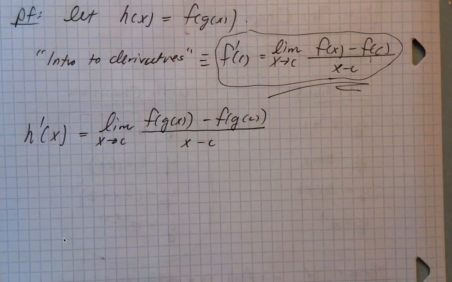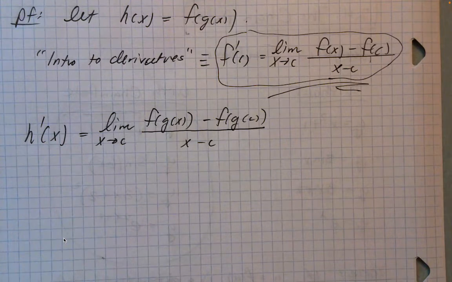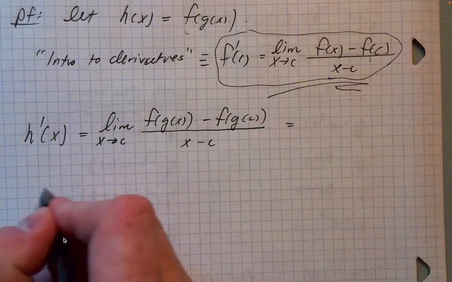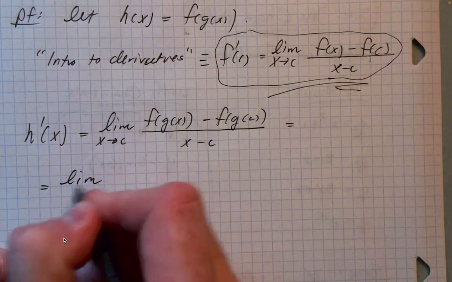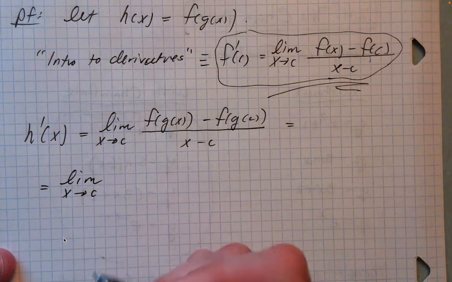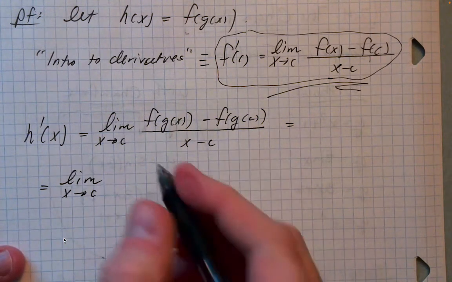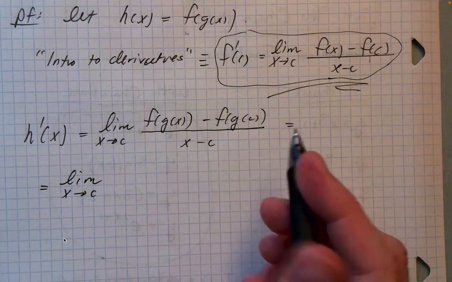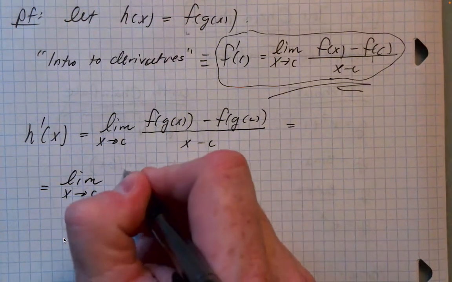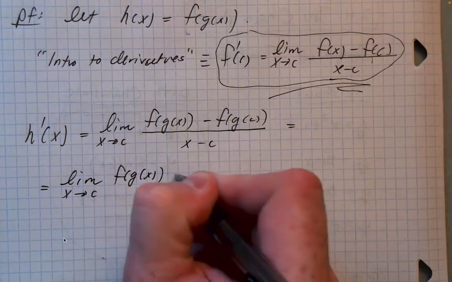Okay, so that's a simple substitution into the definition of the derivative. And we're going to use a classic proof technique here of multiplying the top and bottom by the same thing to introduce some new terms into the expression. So we'll start with these things again here.